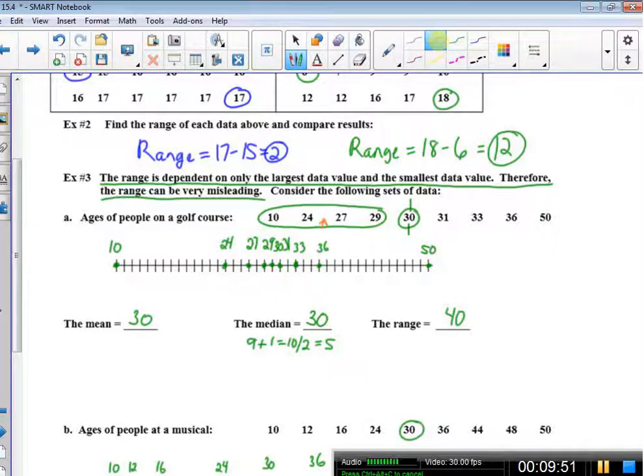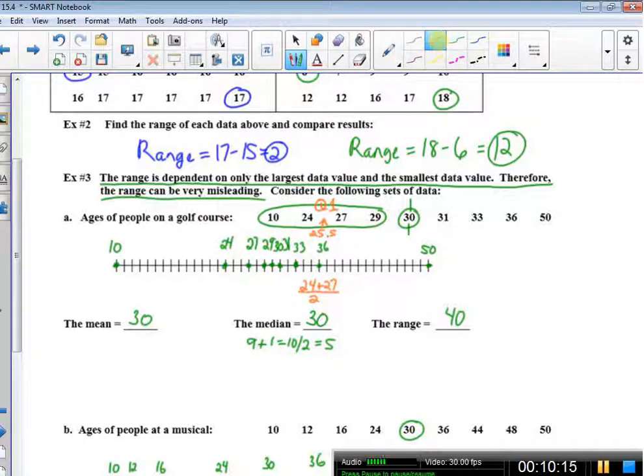If you take 24 plus 27 and divide it by 2, you end up getting 25.5. Okay, so that is quartile number 1.